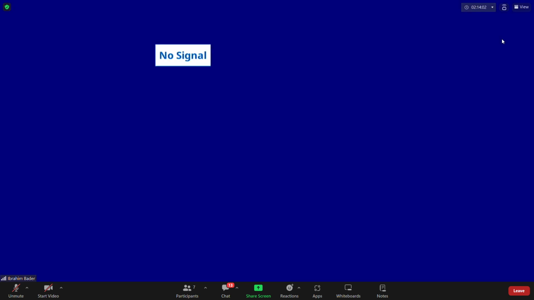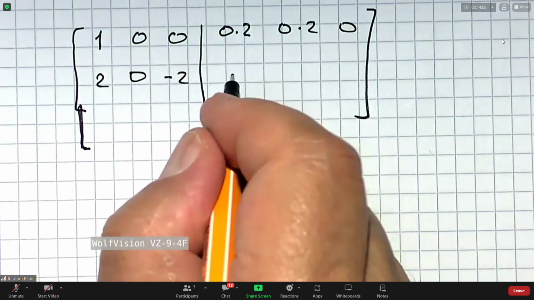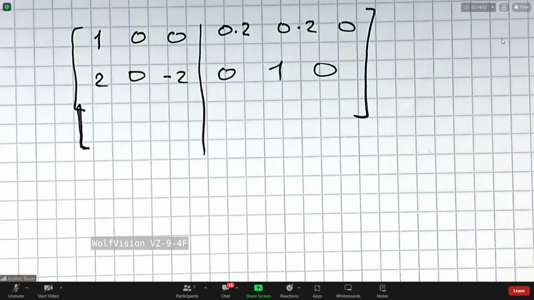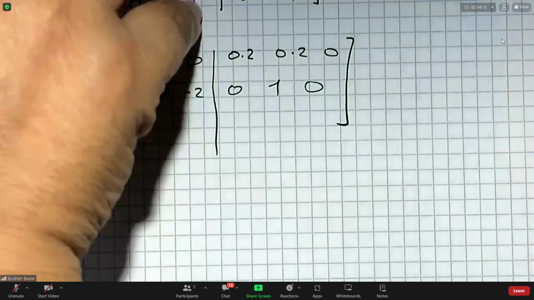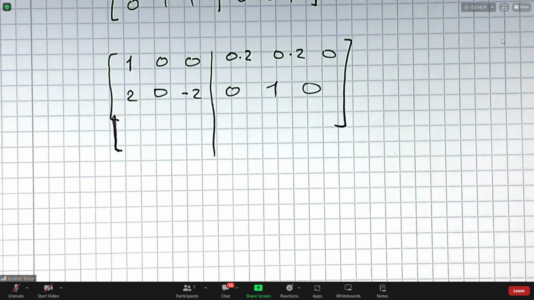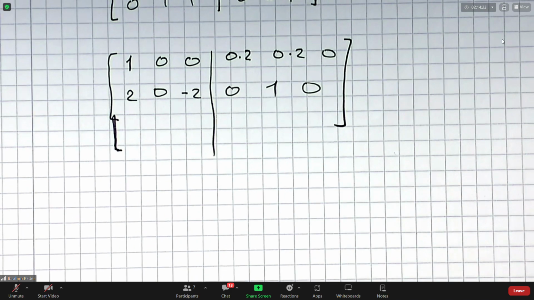Sorry, it's switching off all the time. Meanwhile, I will write the two rows that are not changed. Then here I have 0, 1, 0. I need to zoom in a little bit more.